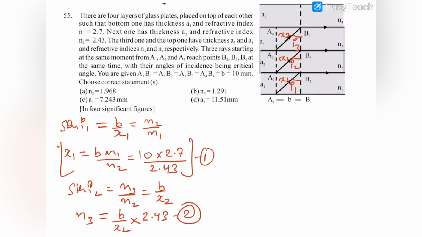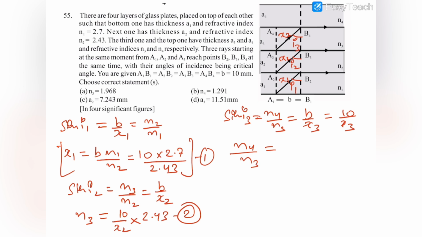And b is also given as 10 mm, so let us write b as 10. Now in the third case we can say that sin I3 will be equal to n4 by n3, and that would be equal to b by x3. So again it is 10 by x3, and n4 by n3 is equal to 10 by x3. This is equation number 3.